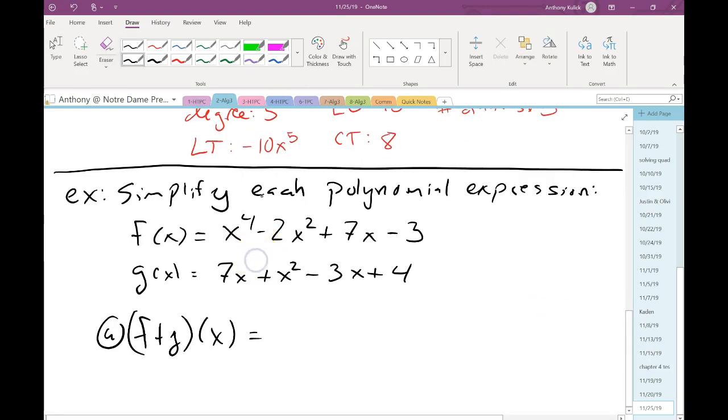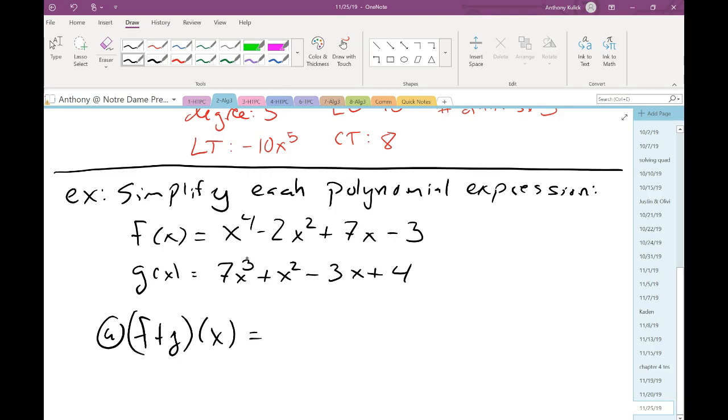So if I want to do f plus g of x, what do we really need to do here? F of x plus g of x, great, which basically just boils down to doing what? Combining like terms, right?